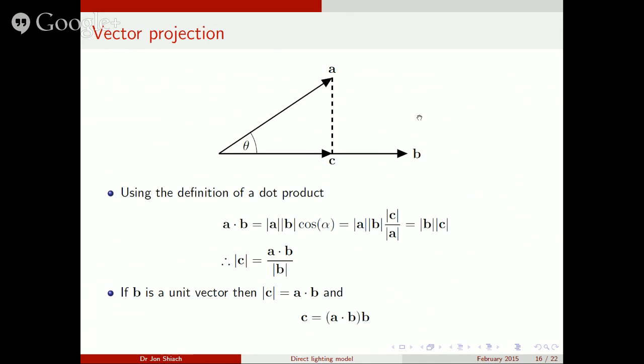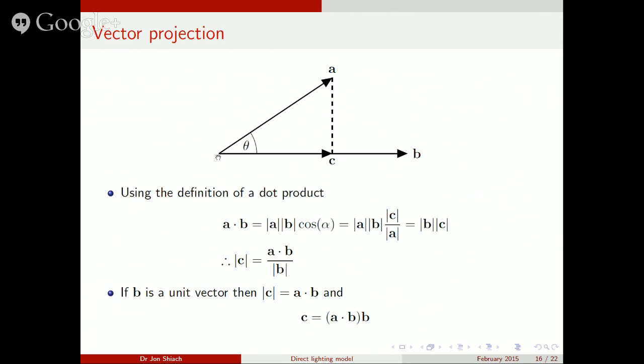So, the definition of the dot product. For some reason I've got alpha there, that should be theta. A dot B is equal to the magnitude of A times the magnitude of B times cos of the angle between them. Well, cosine is adjacent over hypotenuse.